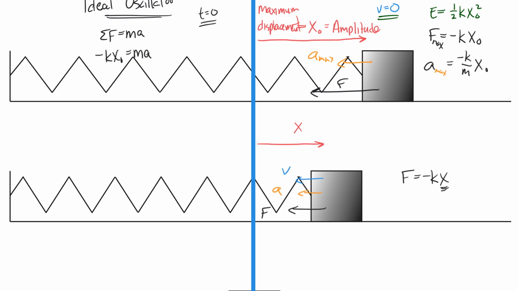But this number is less than this number was. So we have less force and less acceleration. We're still getting faster, though, because any acceleration means a change in velocity. So we're still getting faster, but we're not getting as fast as we were. The acceleration is becoming smaller.